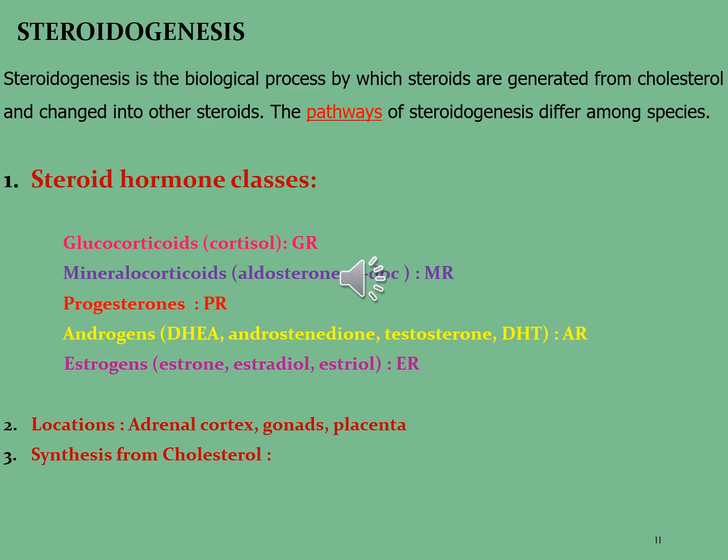So, let's start with the steroid hormone classes, and we can see we have 1, 2, 3, 4 and 5 major classes of steroid hormones. Each of these hormone classes is defined by the receptors that they activate, which then dictates the physiological effects of these hormone classes.